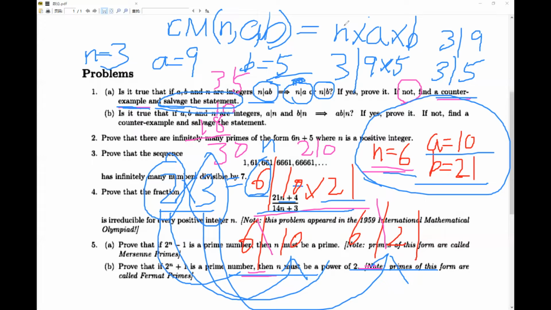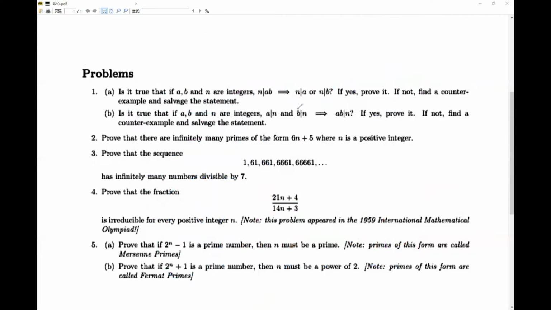So for this question, I just state that statement and then I say why. Yeah, that's the one question. I'm still not too sure why. Go backwards. I'm still not sure why the example 6, 10, and 21 wouldn't work.